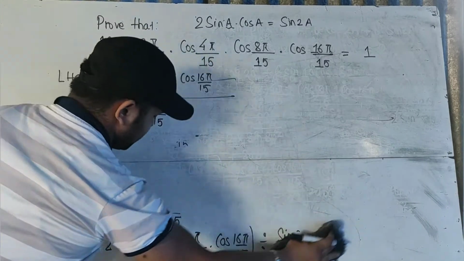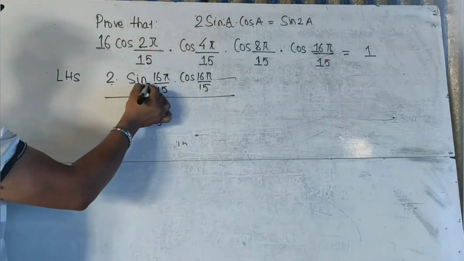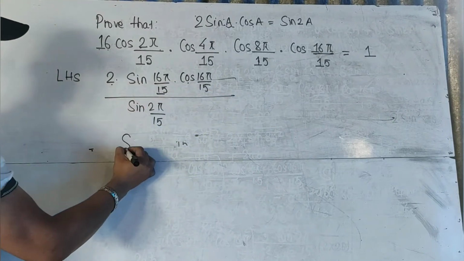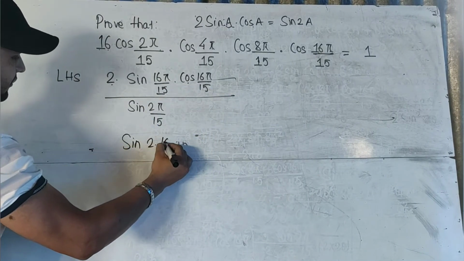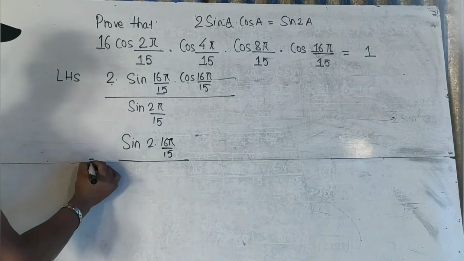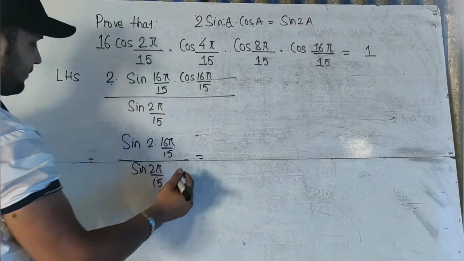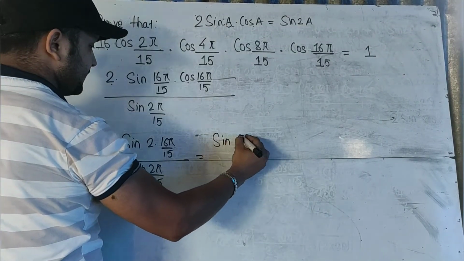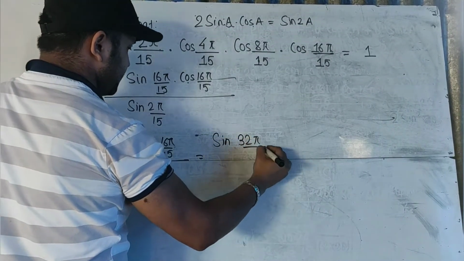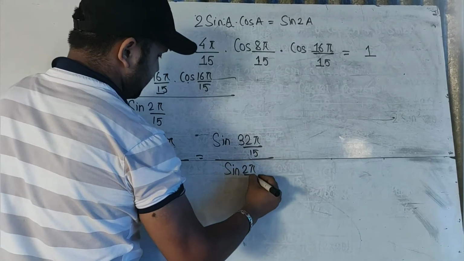Now let us further solve it. Again we can compare this with 2 sine A cos A. It will be sine 2A divided by sine 2 pi by 15. So this can be written as sine 32 pi by 15 by sine 2 pi by 15.